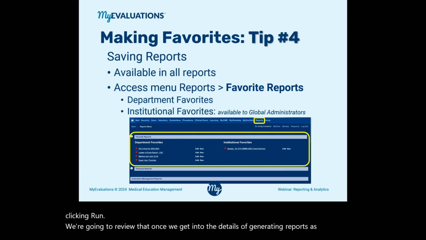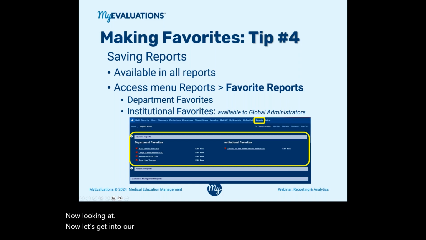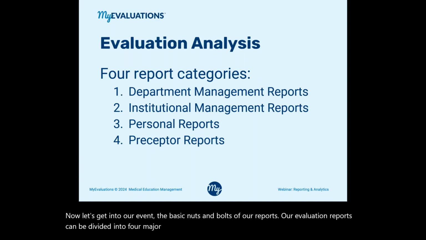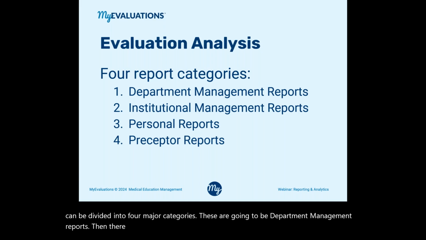Now let's get into the basic nuts and bolts of our reports. Our evaluation reports can be divided into 4 major categories. These are going to be department management reports, then there are institutional management reports, then there are personal reports, and there are preceptor reports.